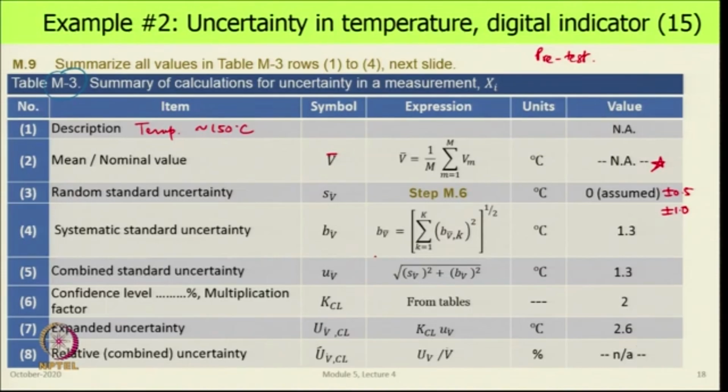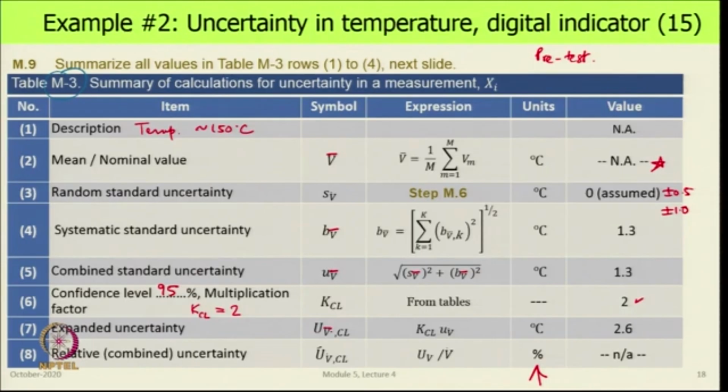Systematic standard uncertainty, we have done the calculation BV bar, this is equal to 1.3 degrees Celsius. We are now writing the units in this case. Combined standard uncertainty, UV bar is equal to SV bar plus BV bar, which is 1.3 degrees Celsius. Confidence level, we are going to go with 95% confidence level, which gives us KCL is equal to 2. So, that is 2 over here.